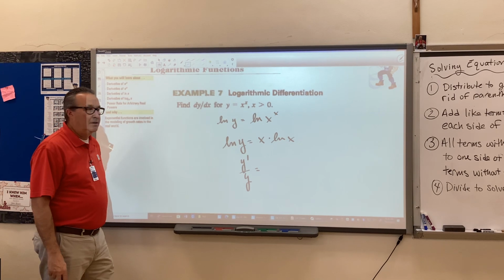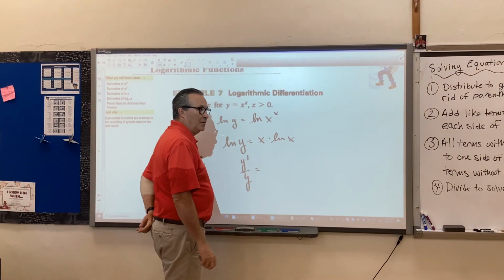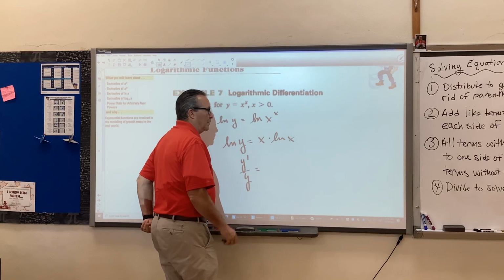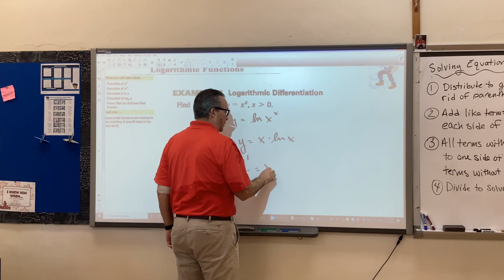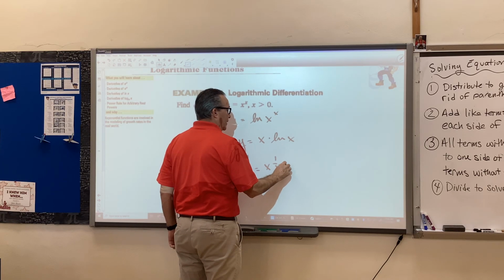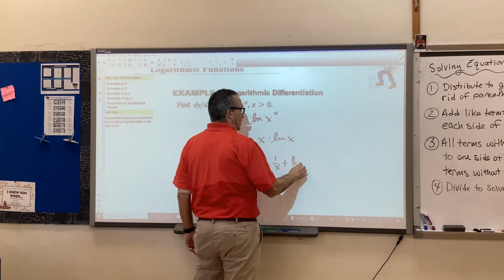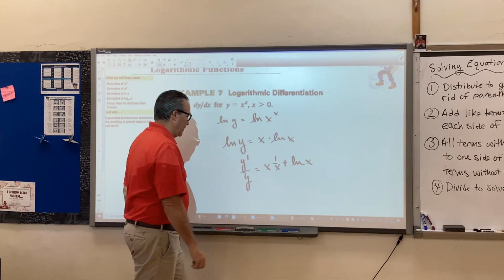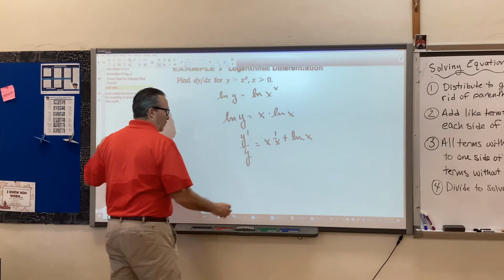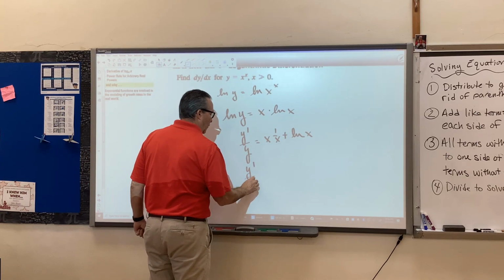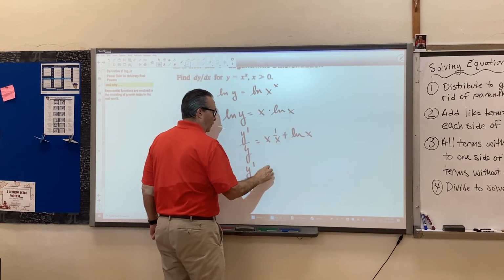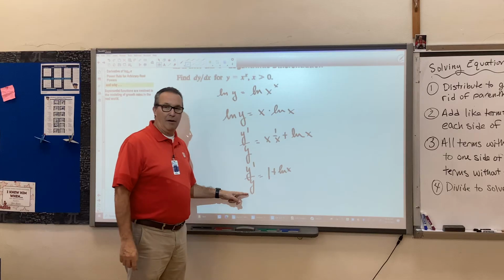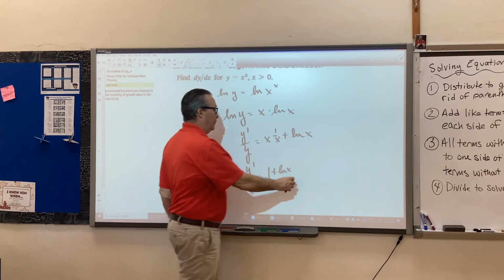It's the first times the derivative of the second, which is 1 over x, plus the second times the derivative of the first. So y prime over y is 1 plus the natural log of x. And then we'll solve for y prime, because that's what we're looking for.